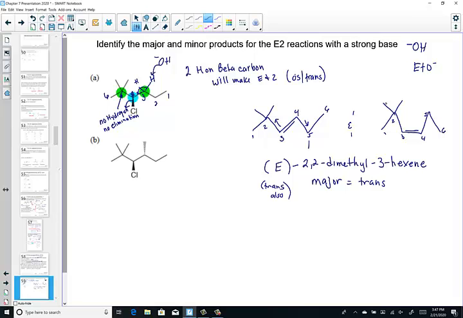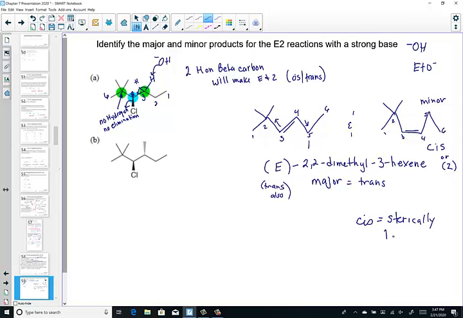So this is still 2,2-dimethyl 3-hexene, a 6 carbon chain, but this would now be the Z conformation, which would be the minor product, since that is the more sterically hindered product.